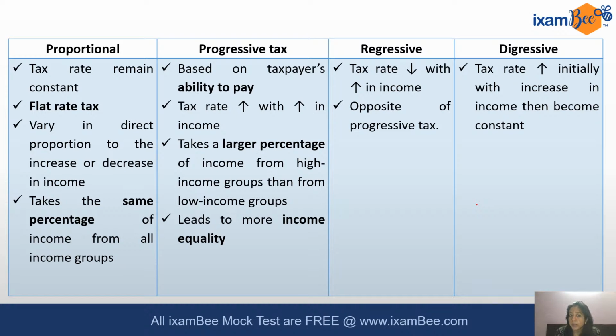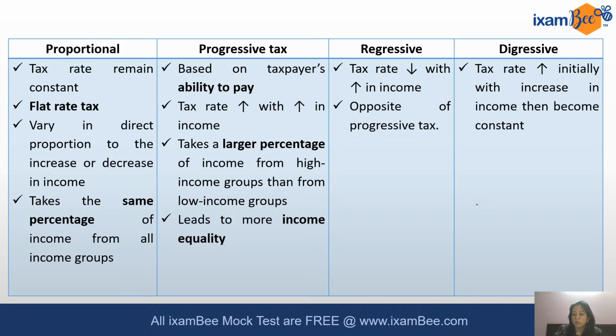And regressive is just the opposite of the progressive taxation system. In the regressive taxation system, with the increase in income, the tax rate decreases. And degressive is actually a mixture of the progressive and proportional taxation systems. In it, the tax rate initially increases, then it becomes constant.